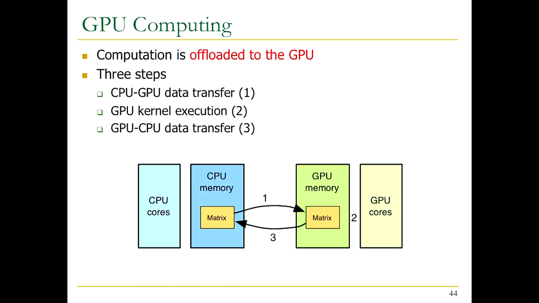So that's what we see here. From the CPU memory, we have to transfer, in this case, this matrix to the GPU memory. The second step is launching a GPU kernel, which is the function that is going to be executed on the GPU and operate on this input data. And when we finish, we transfer the results from the GPU memory back to the CPU memory.